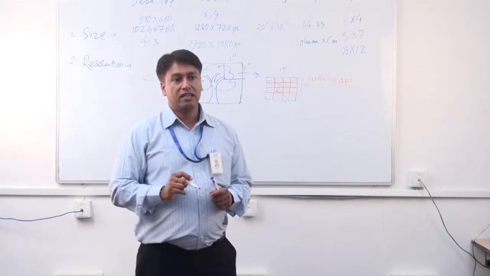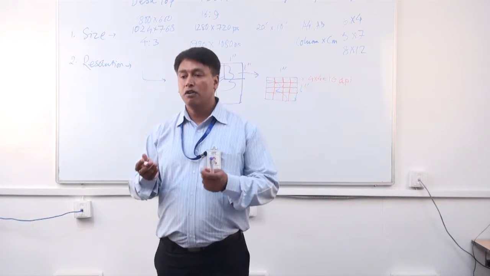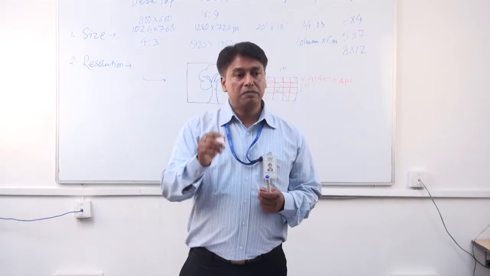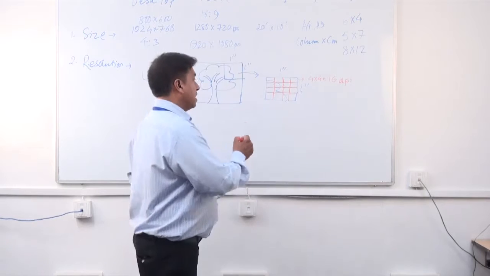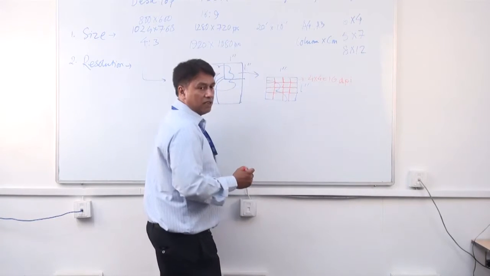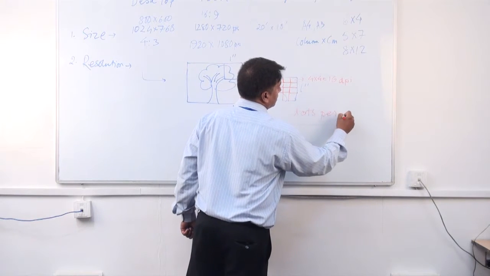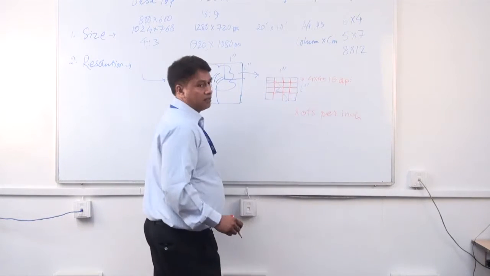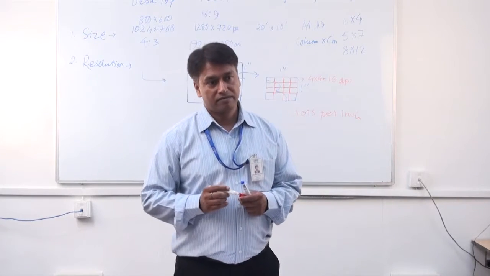The number of pixels per square inch is called resolution. The number of dots or pixels in a 1 inch by 1 inch section, that is called its resolution. In common language, we say dots per inch, but exactly it is in a square inch.